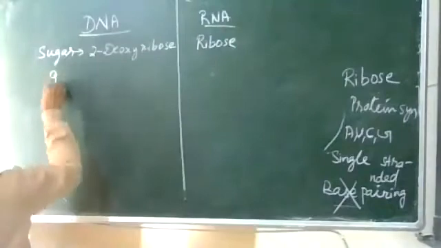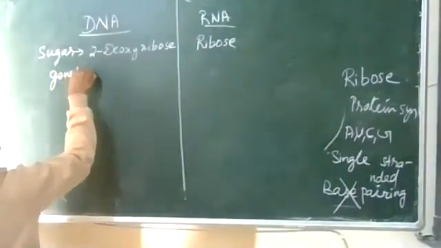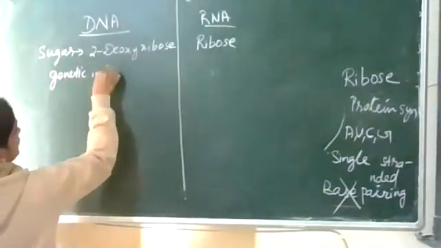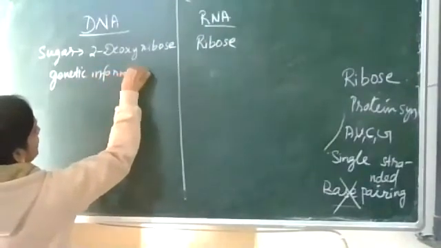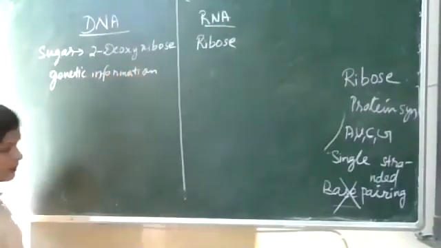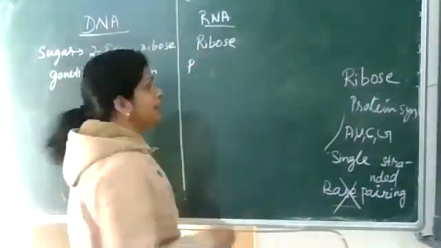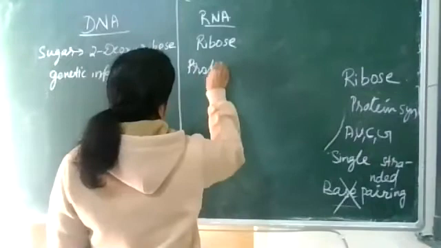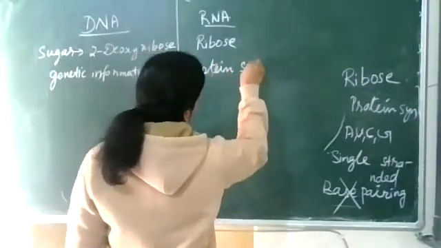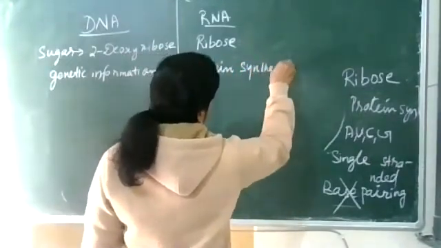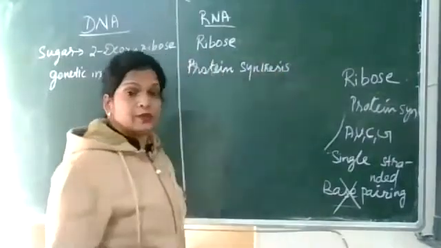DNA gives genetic information. RNA's function is protein synthesis. There are three types of RNA.